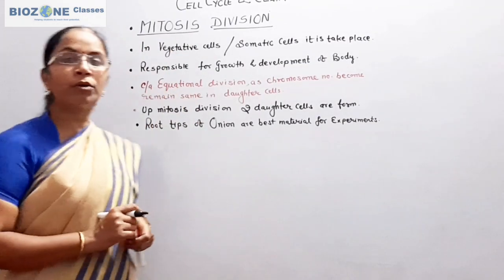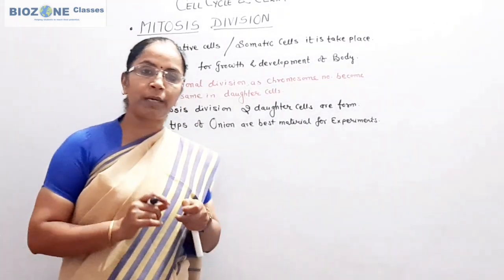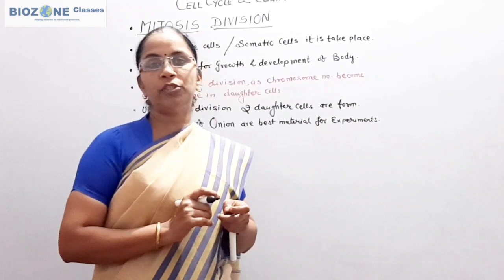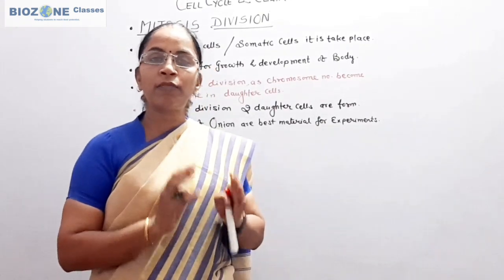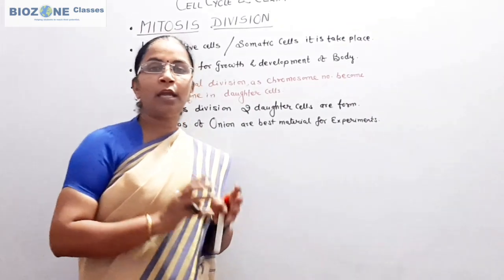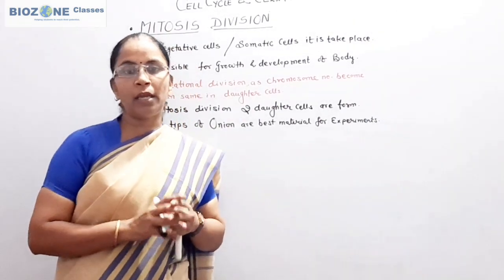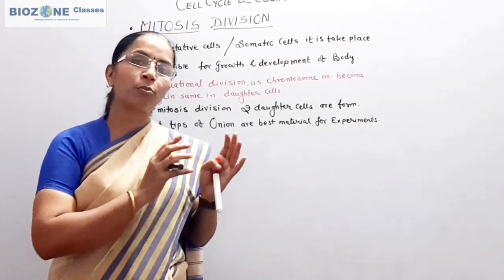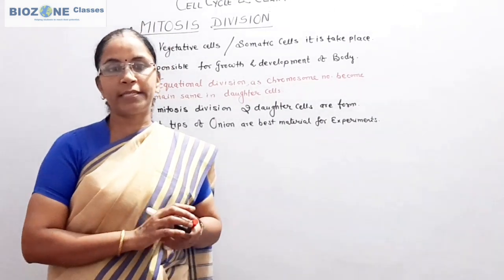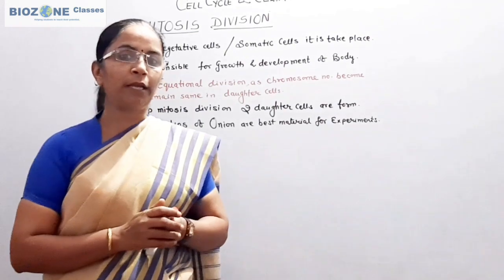When we study the mitosis division, remember it is a type of division in which the chromosomes are equally distributed in both the nuclei or in both the daughter cells, because the chromosomes in one of the phases undergo duplication.